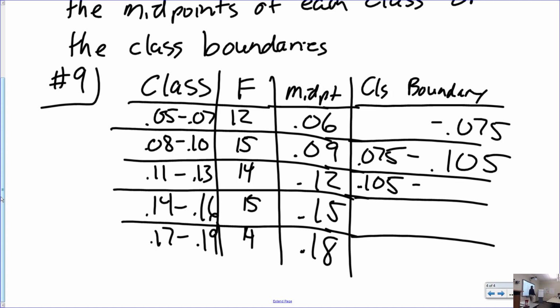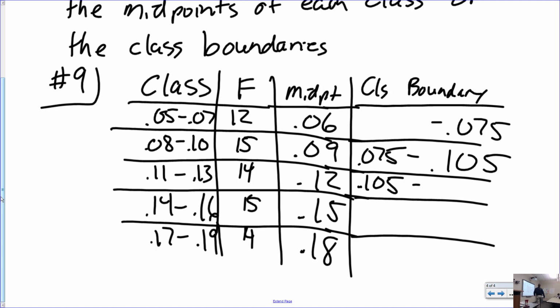Notice, what's the pattern, folks? What are we doing to get from 0.075 to 0.105? Adding 0.03. What were we doing in the other one? The same thing. It's always going to work like that. Math is full of patterns repeating itself over and over and over again. So honestly, once you've done the midpoint, the class boundary, you should really only do an average once. Because then you can just use the exact same pattern from the midpoint to calculate all of your other numbers.